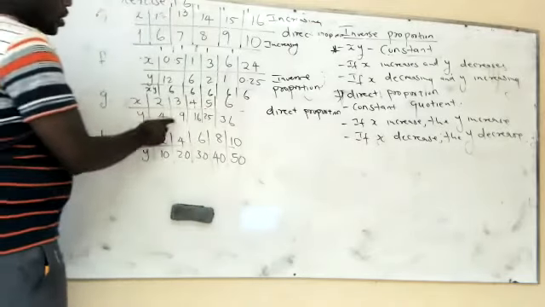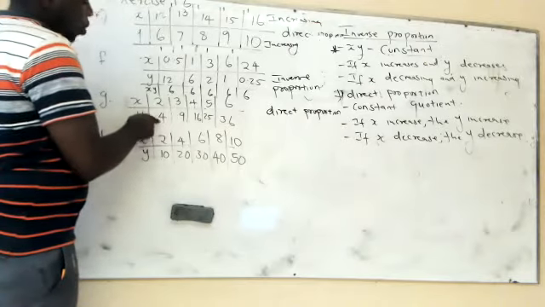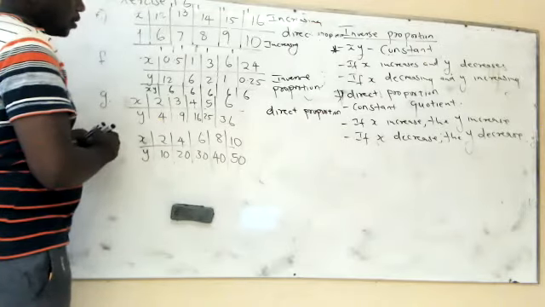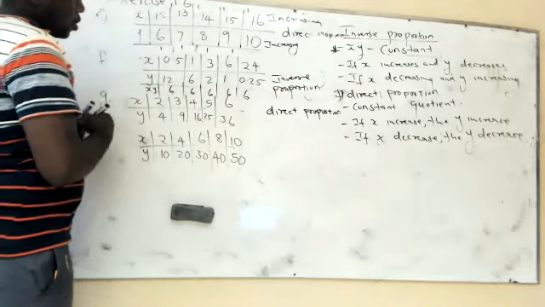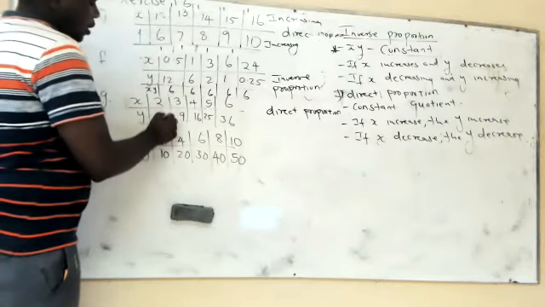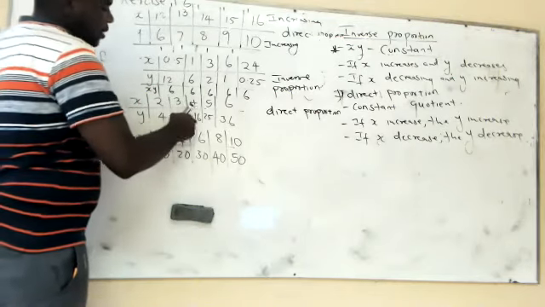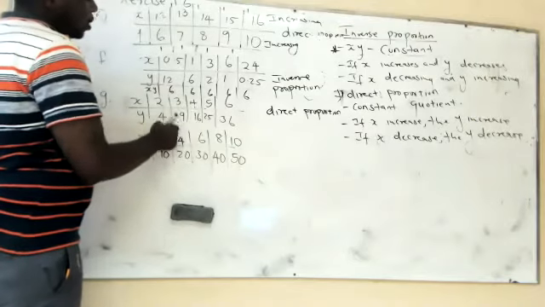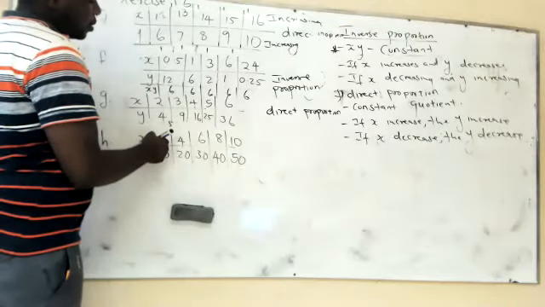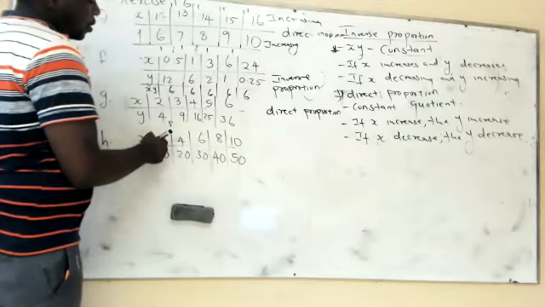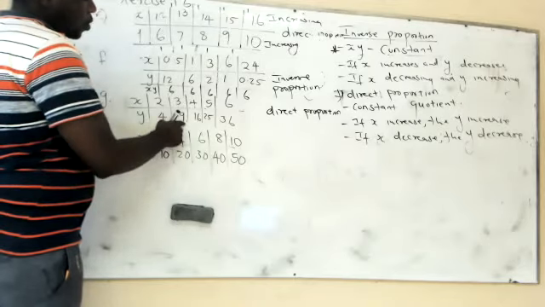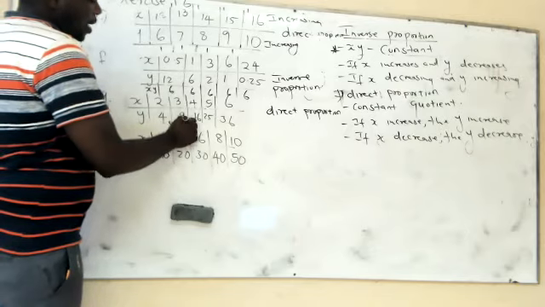Let's go for y. If we subtract 9 and 4, what do we obtain? 5. If we subtract 16 and 9, what do we get? 7.